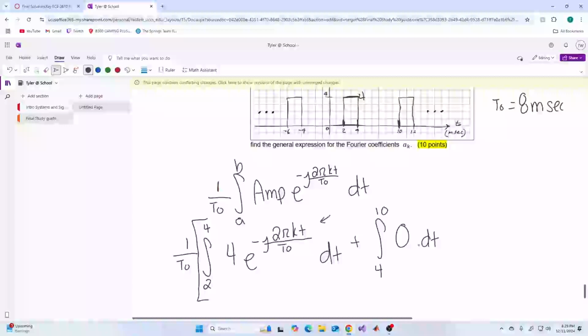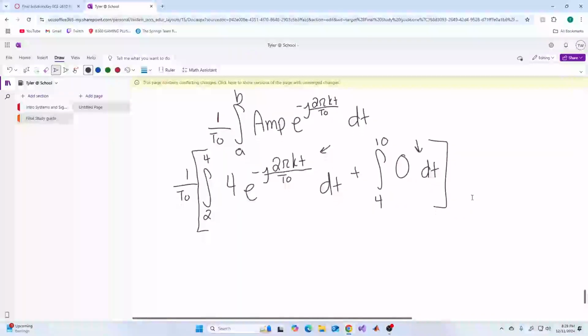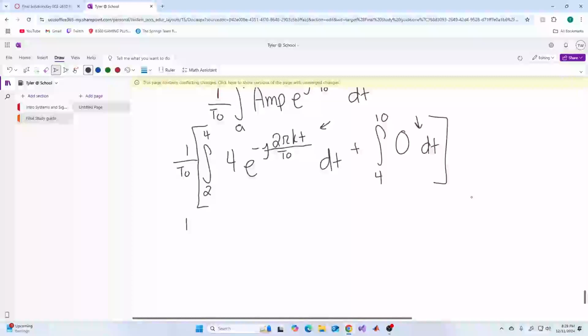This here would get plugged in here, but it is 0. 0 times anything is going to be 0. So we can leave that alone. And now all we have to worry about is 1 divided by t sub 0 from 2 to 4, 4e to the negative j 2 pi kt divided by t0 dt.